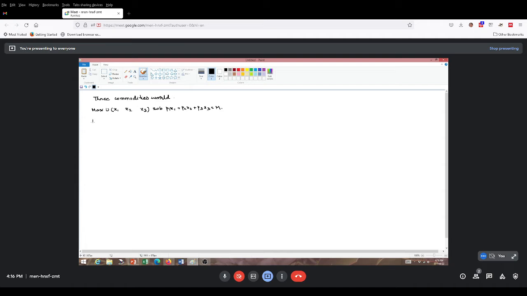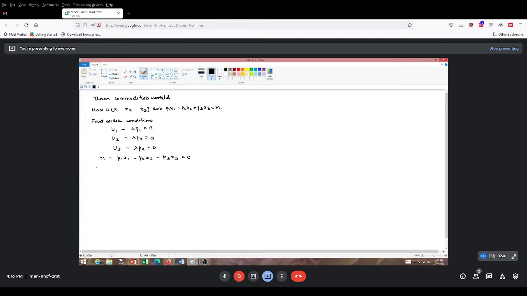So the first order conditions will be u1 minus lambda p1 equal to 0, u2 minus lambda p2 equal to 0, and this is for the third commodity, and finally you have the budget constraint.